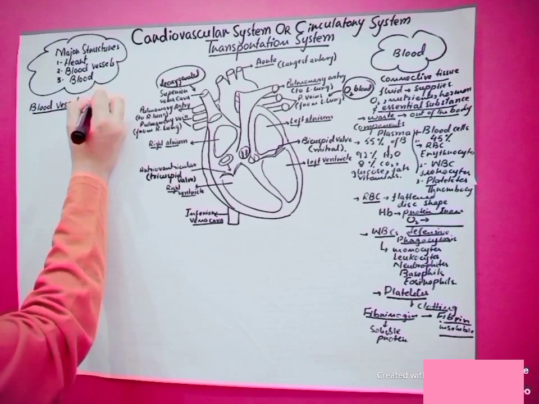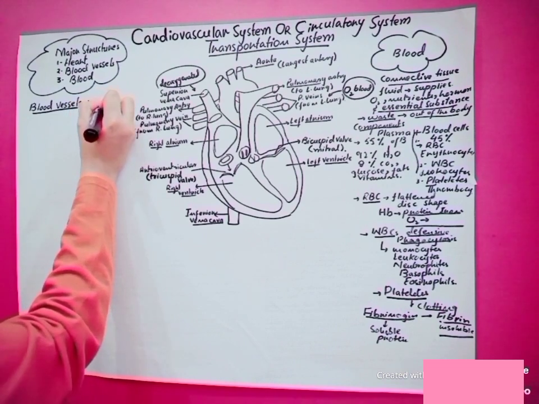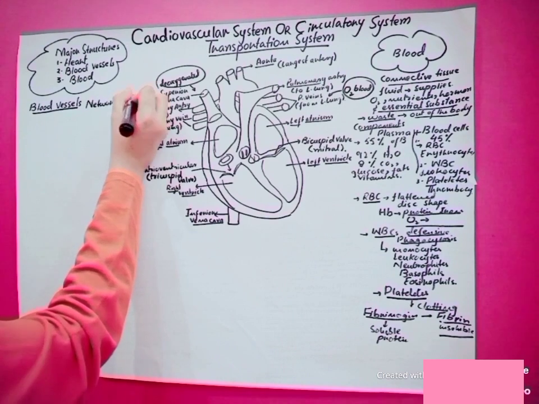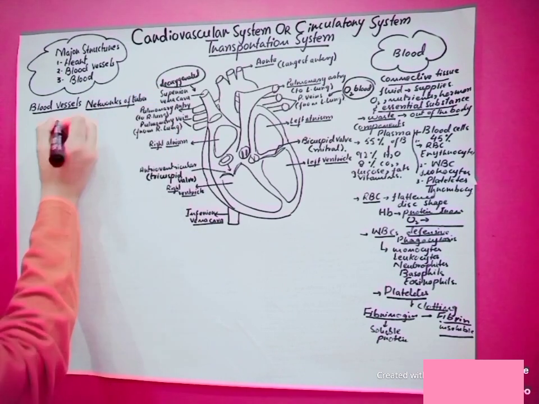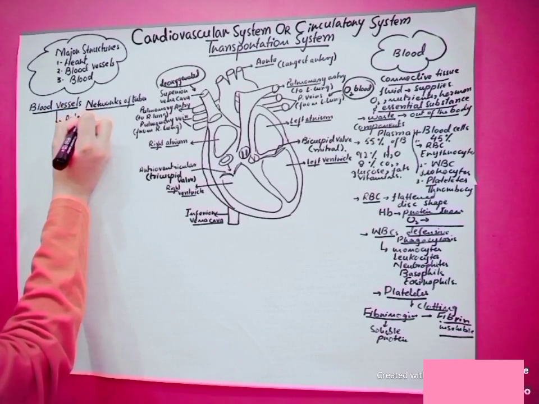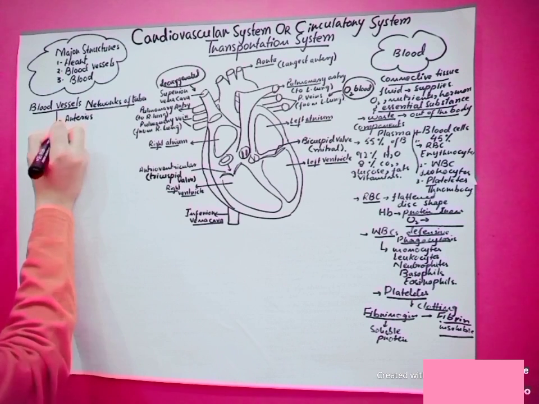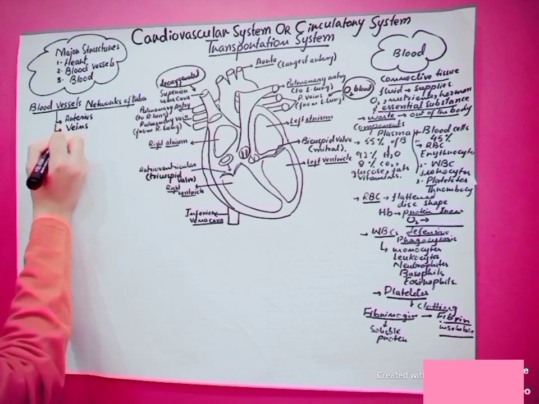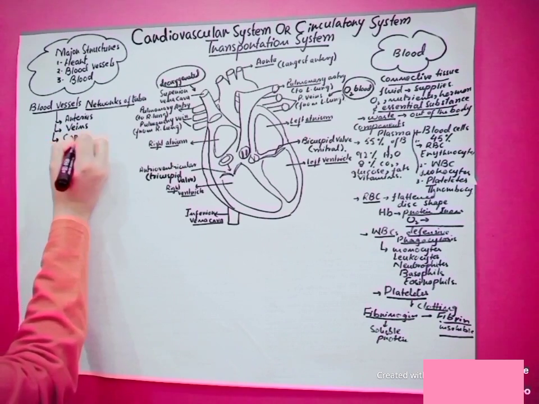Blood vessels are the network of tubes that circulates blood. Blood vessels are of three types: arteries, veins, capillaries.